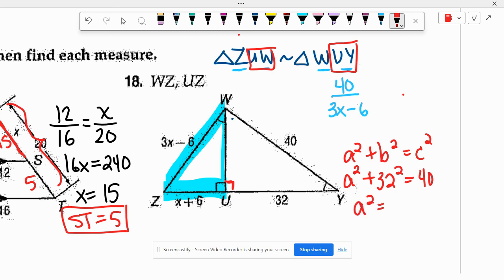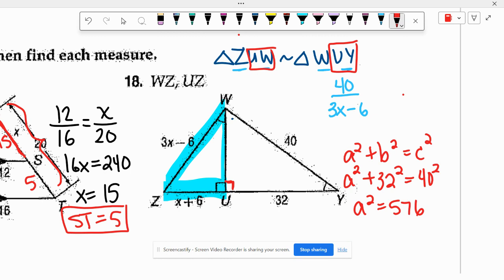A squared equals, what's 40 squared? That's 1600 minus 32 squared. What is that? Someone figure that out. 40 squared minus 32 squared. Okay.